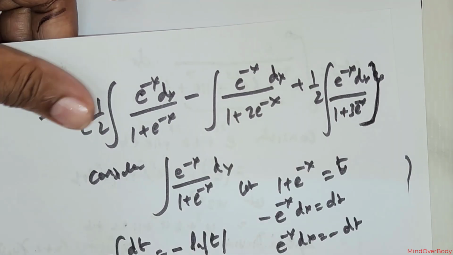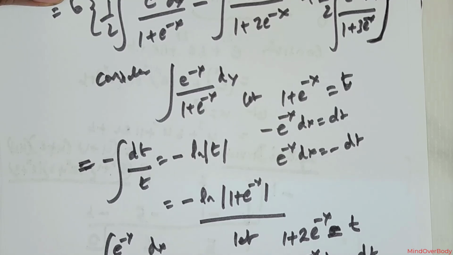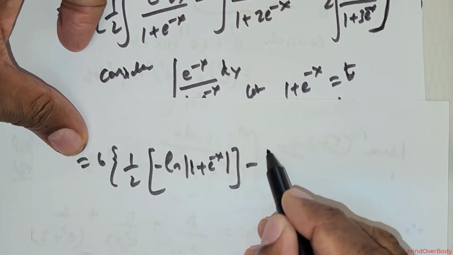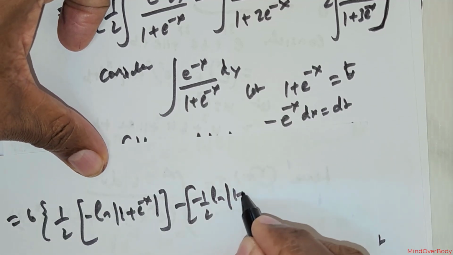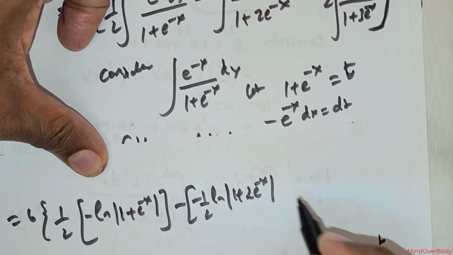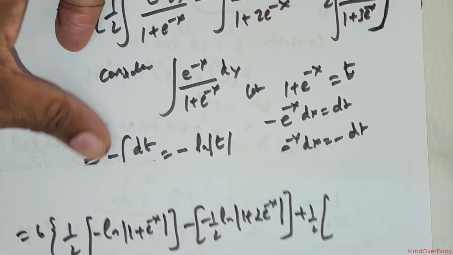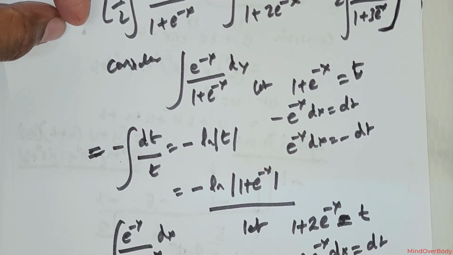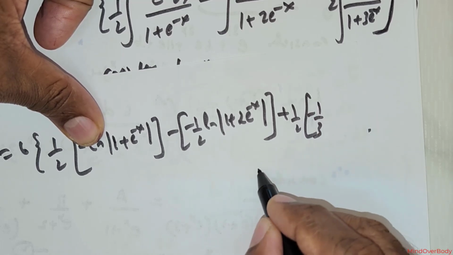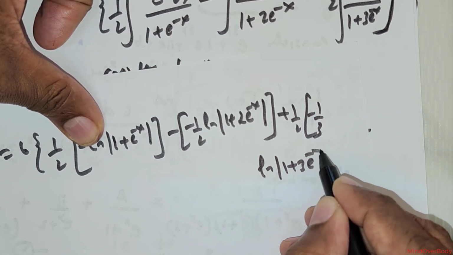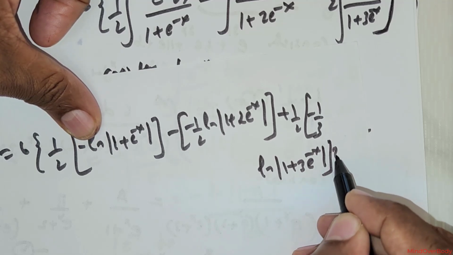That's for the second quantity. In place of this, you have negative 1 over 2 ln modulus 1 positive 2 times e raised to the power of negative x. For the third quantity, you have negative 1 over 3 ln modulus 1 positive 3 times e raised to the power of negative x, and the parenthesis.